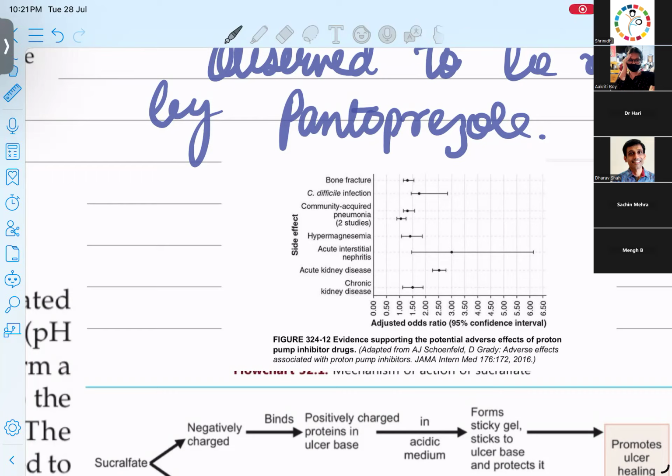So hypomagnesemia, community-acquired pneumonia because immunity is also reduced, bacterial overgrowth, Clostridium difficile infection, which is also caused by a very important famous drug, metronidazole also. Bone fractures due to reduced calcium levels and also impaired kidney diseases.